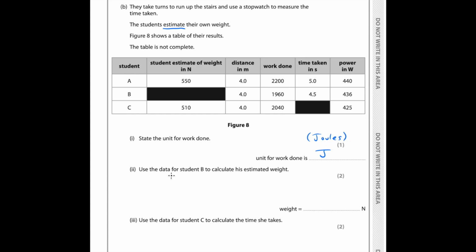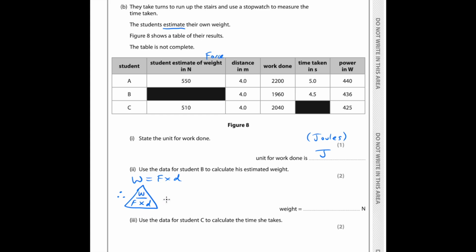Part 2. Use the data for student B to calculate his estimated weight. So weight here. Now weight is a force and they've given us the distance and the work done. So work done equals force times distance. So we'll have to rearrange that. If you use a magic triangle, F times D would go on the bottom and W, work done, goes on the top.